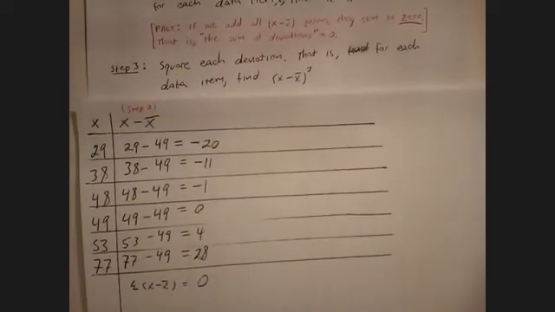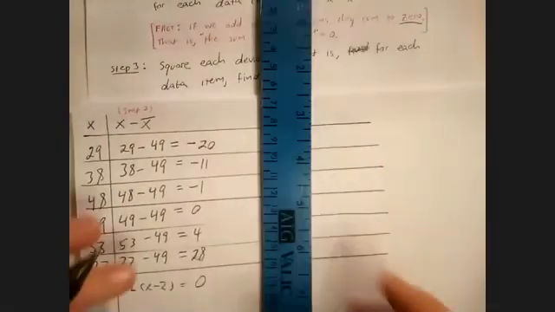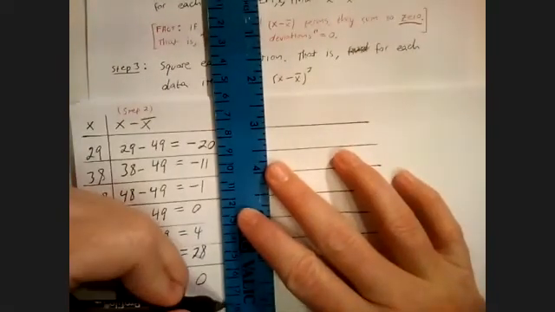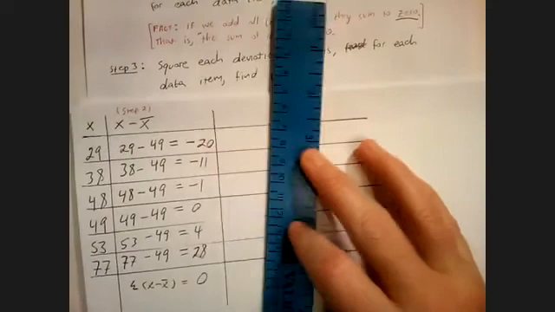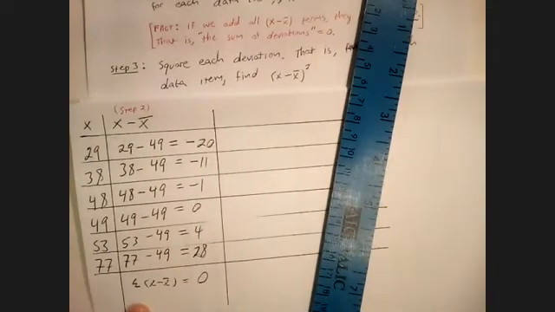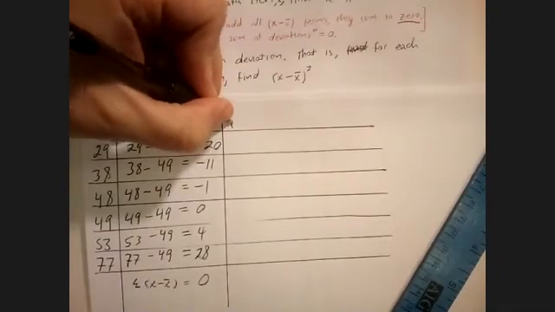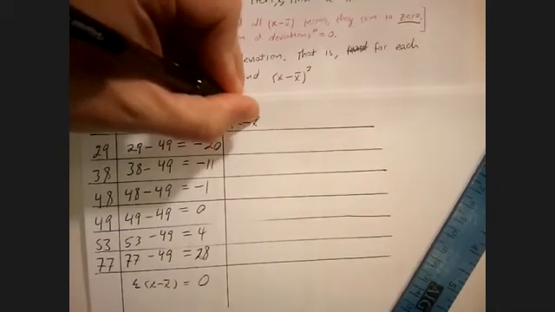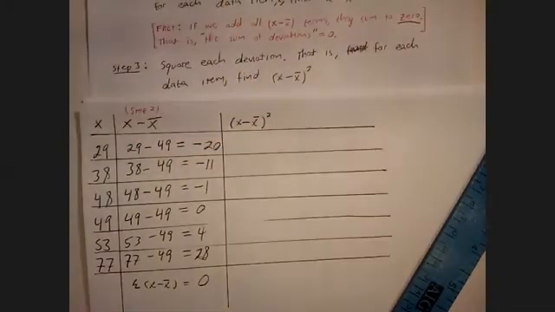Okay, so here's my next column. To square each deviation, I'm going to do x minus x bar squared. This is my step 3.